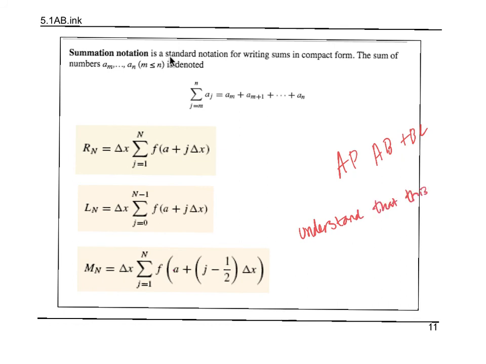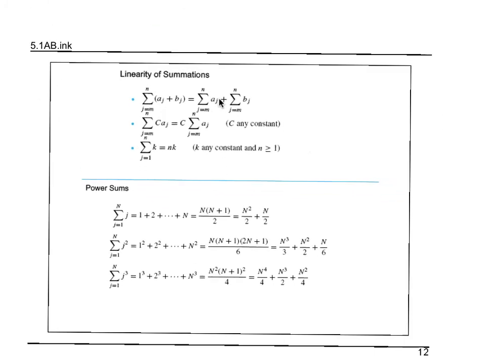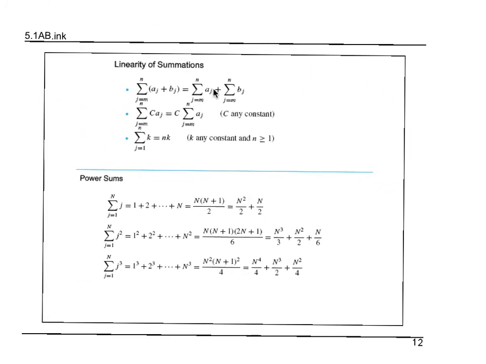Again, this is something we will go through in class. Similarly, also for AP, this is more notation. The power sums, you may or may not see that, so we'll go through it more.